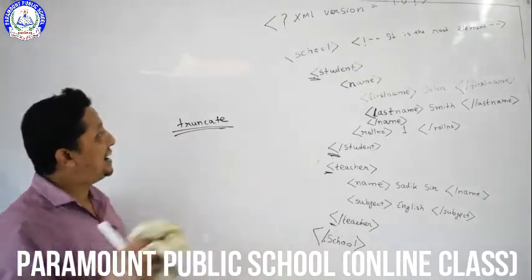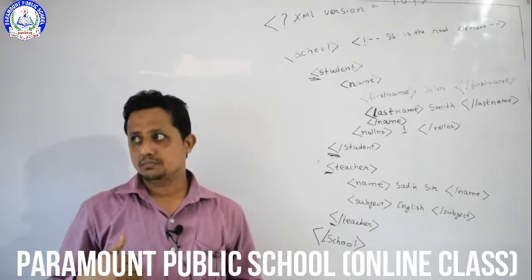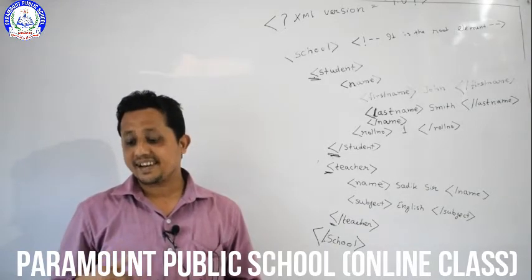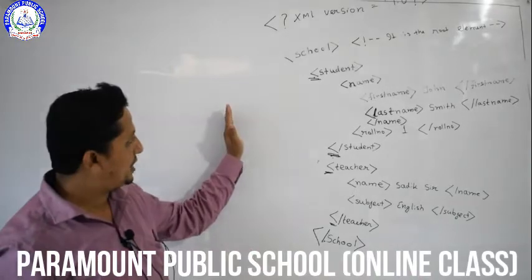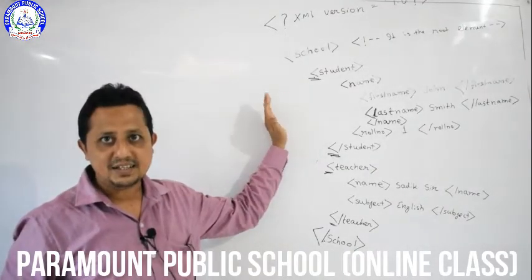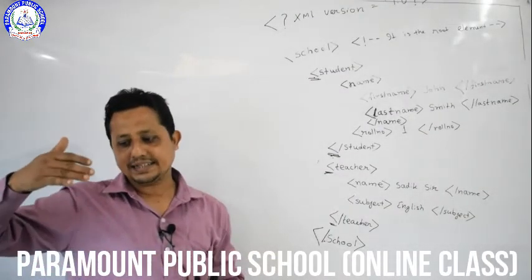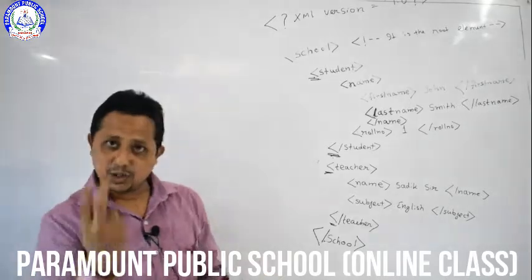In HTML, if you give more than 3-4 spaces in between a line, it will reduce them to a single white space.